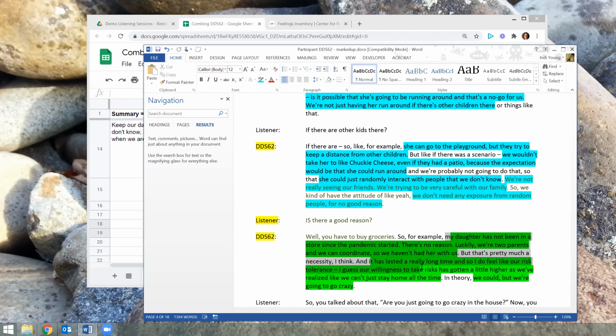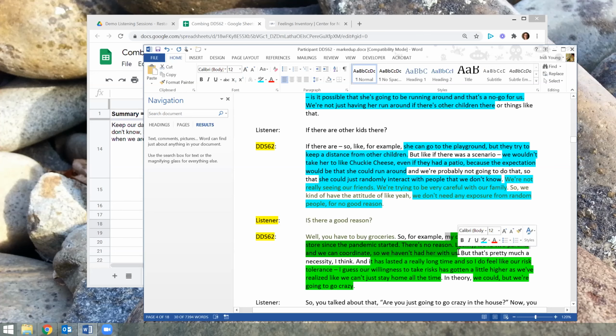So how does all this want to fit together? My daughter has not been in a store. There's no reason. Okay, so what is happening here is that she's going slightly off the topic of her daughter about not seeing friends and being careful with our family. But this is back with respect to the daughter. So I'm going to grab this.